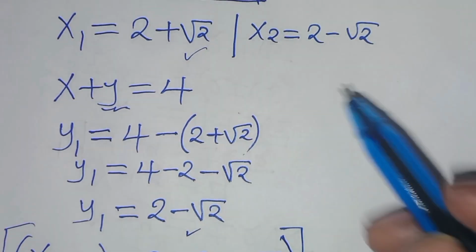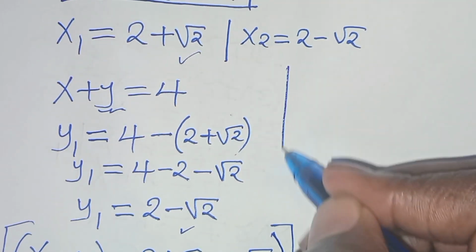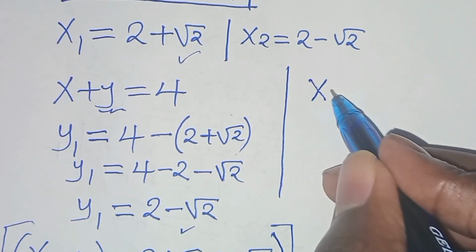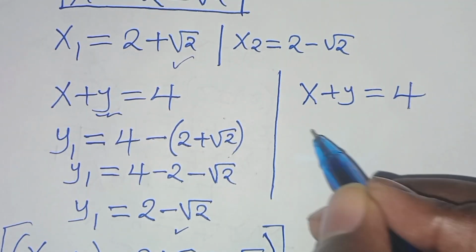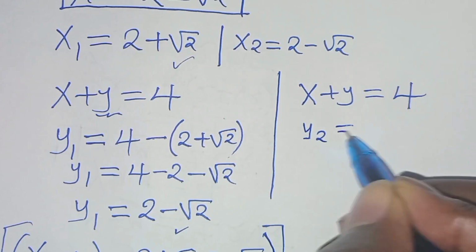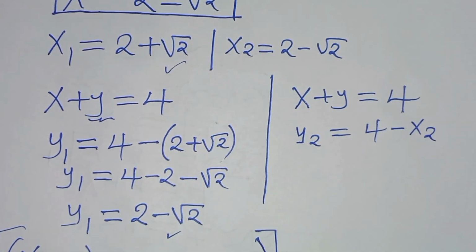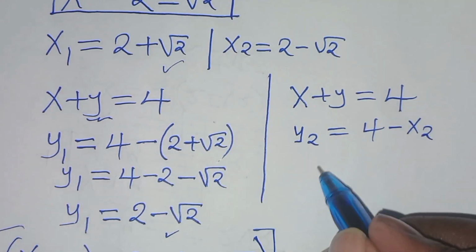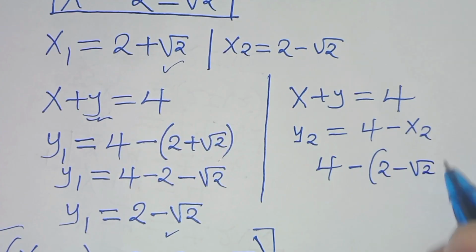If you check here, we have x2 is 2 minus square root of 2. Again, by referring to equation 1, which is x plus y equal to 4, we can solve for y2. y2 is equal to 4 minus x2. So in this case, we have 4 subtract 2 minus square root of 2.